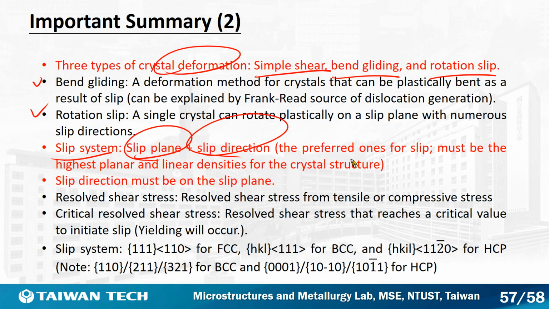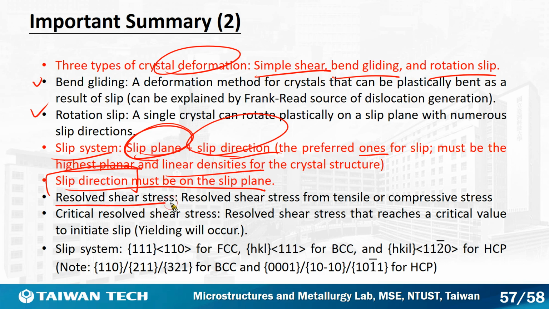They are the preferred planes and preferred directions, and they must be the planes of highest planar density and the directions of highest linear density for the structure. And the slip direction must be on the slip plane. So the slip direction and the normal direction of the slip plane have a perpendicular relationship, so the inner product will equal 0.